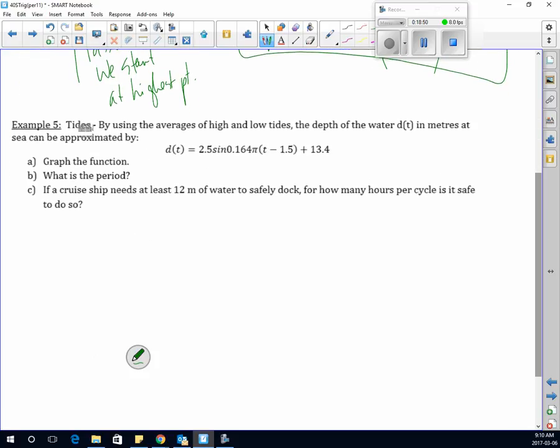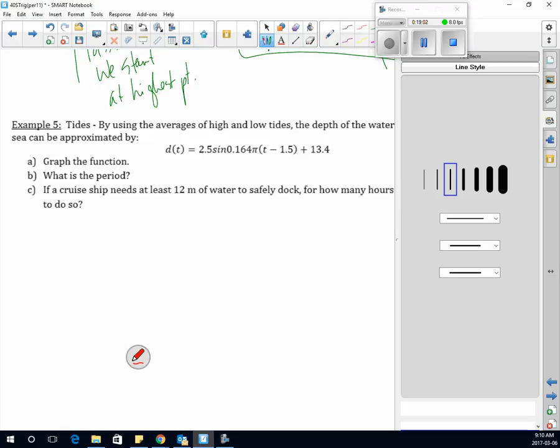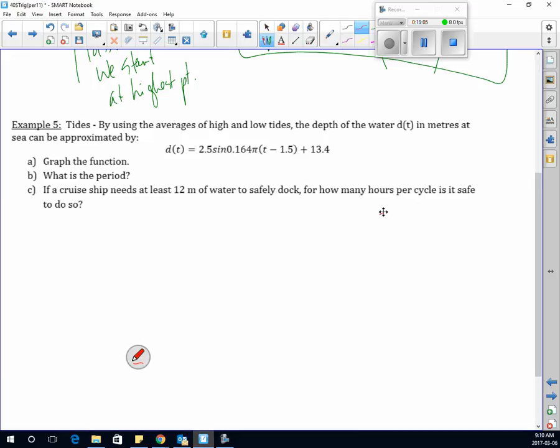Okay, now we're at tides. This is a graphing calculator question. Did you understand that the graphing calculator imposes a bracket somewhere in this equation? It's not written nicely, but it imposes a bracket right here. So where do I need to close my brackets?